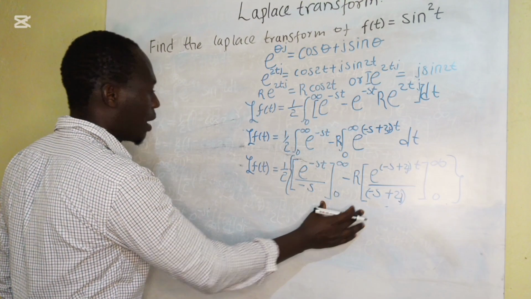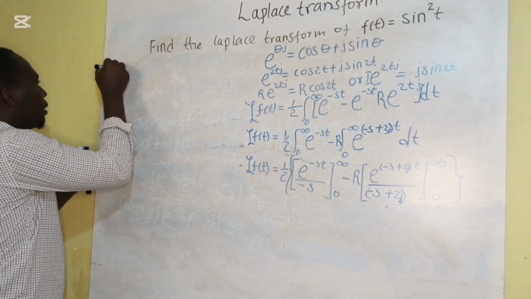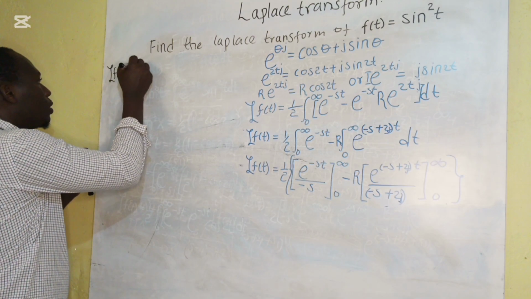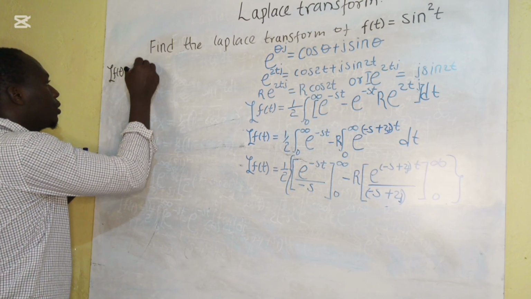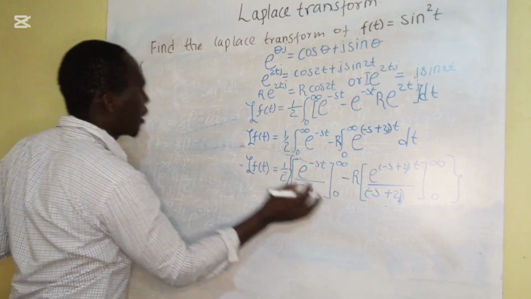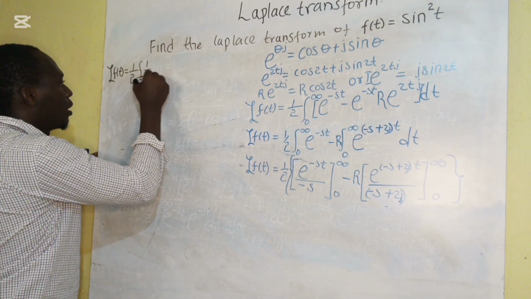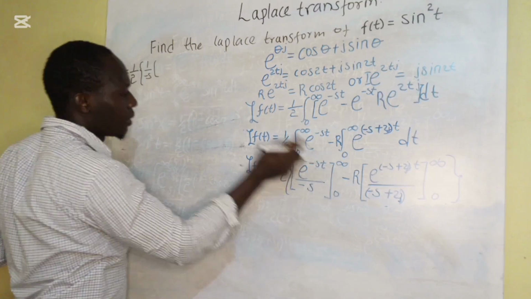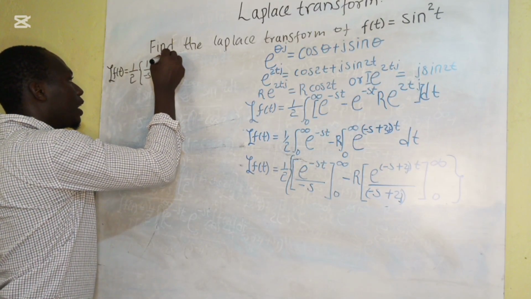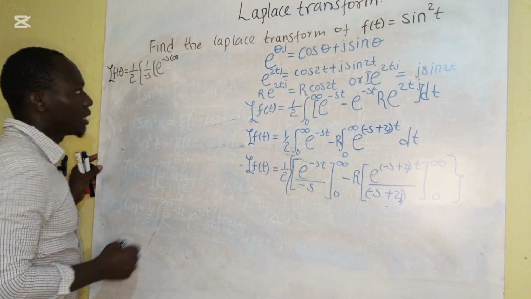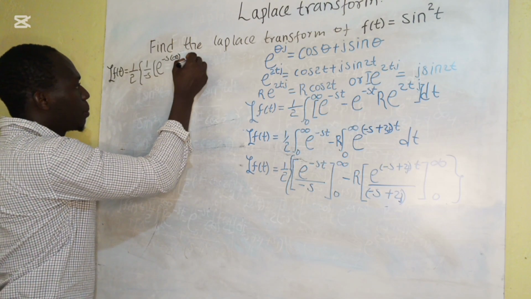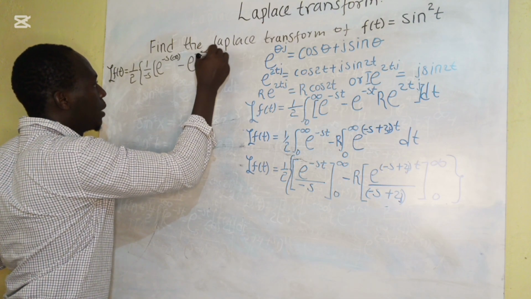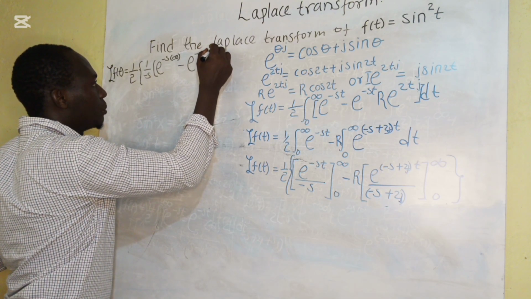And by doing away with our class limits, we are going to have the Laplace transform of our function f of t equal to 1/2 into, here we are going to have 1 all over negative of s, we multiply by exponential negative s, we insert our upper class limit, we subtract from exponential negative of s, we multiply by our lower class limit.